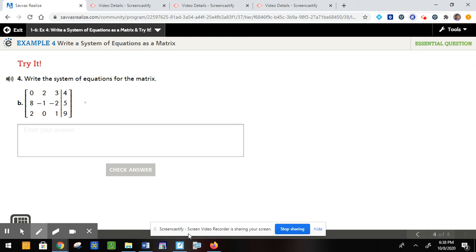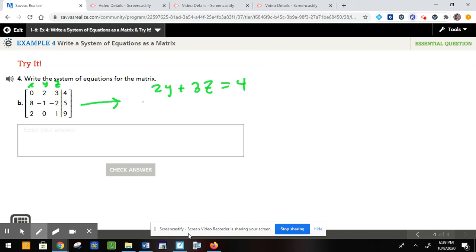So this is the reverse. We're going to take the matrix and turn it into a system of equations. 0 there means there's no x. Let's just assume we're talking about x, y, and z. All right, so there's no x there, so it'd be then 2y plus 3z equals 4.